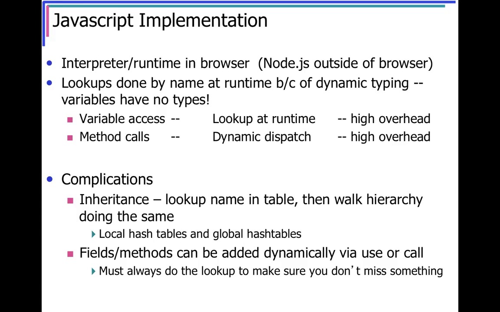Fields and methods in JavaScript can be added dynamically on the fly via a use or a call, and so we never know whether an object is going to have the member or the attribute that we're interested in. So we must do the lookup for every operation on the fly so that we don't miss anything.